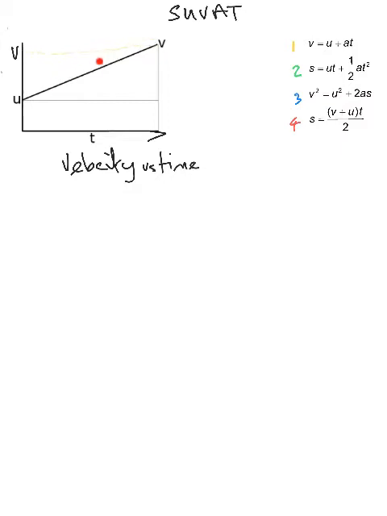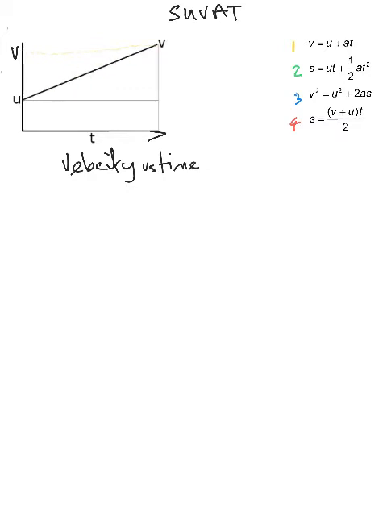The gradient of a velocity versus time plot, as we've said before, represents the acceleration. So to find the acceleration and derive it, we'll be using this gradient. So we're really just using a bit of composite area theory of shapes, and the gradient of this line.